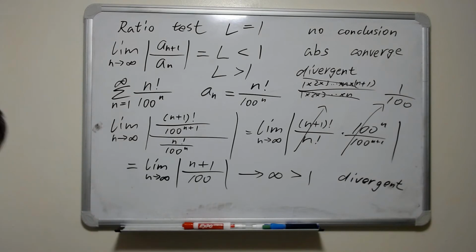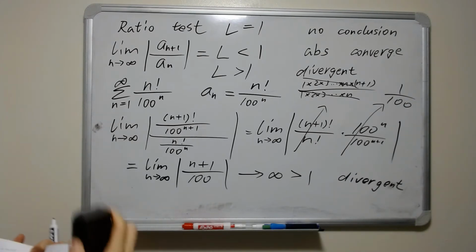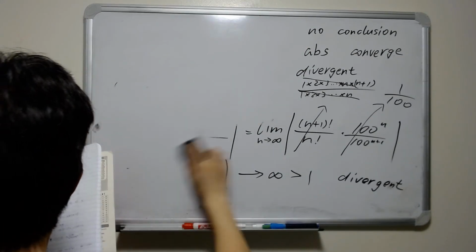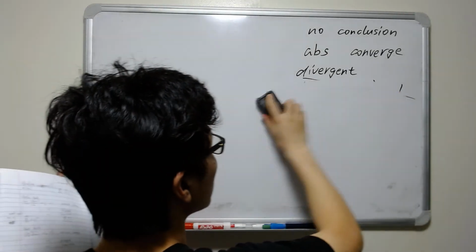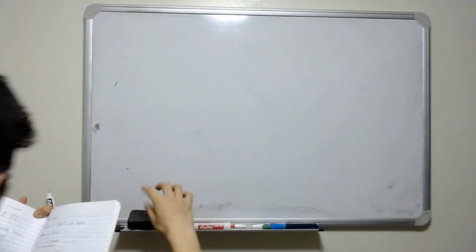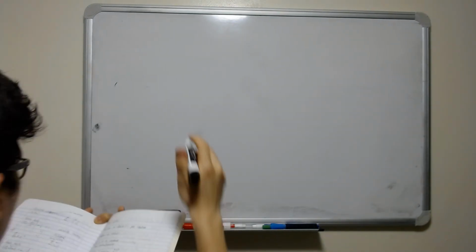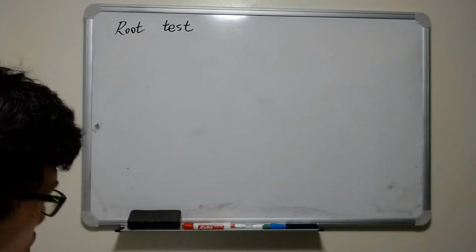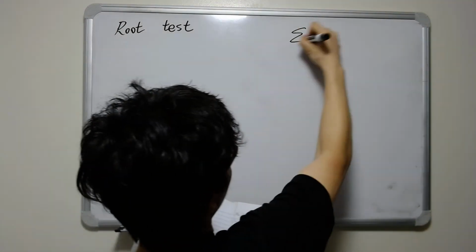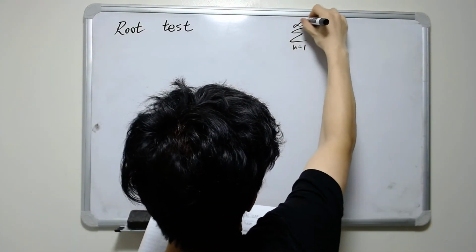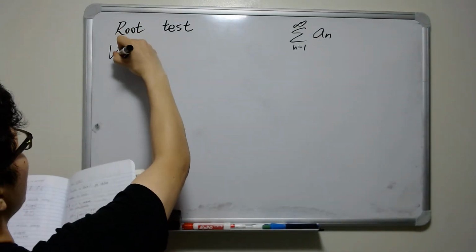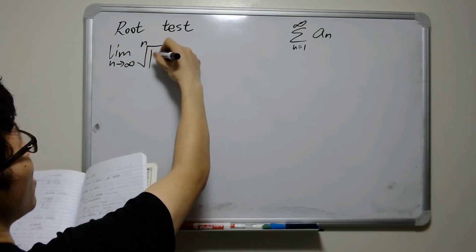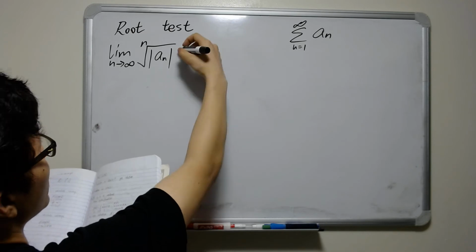And then let's go to the root test. The root test is: if we have a series, the summation of a_n, then we can find the limit of the nth root of the absolute value of the nth term a_n.